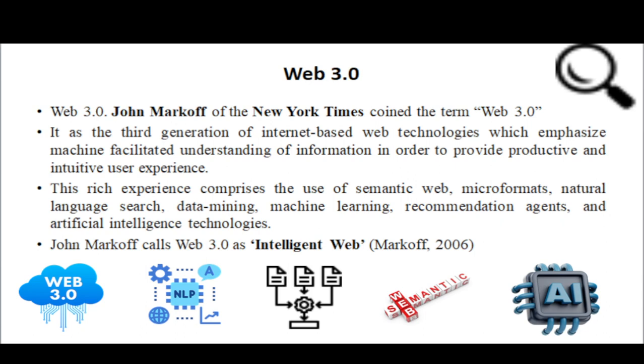Then machine learning involves algorithms that allow computers to learn from and make predictions based on data, improving their performance over time. For example, Netflix uses machine learning algorithms to suggest movies and TV shows based on a user's viewing history. Then recommendation agents are software tools that provide personalized suggestions to users based on their preferences and behavior.